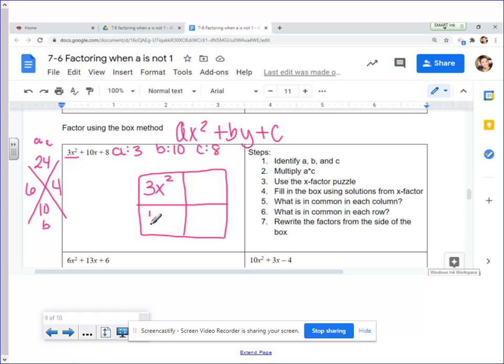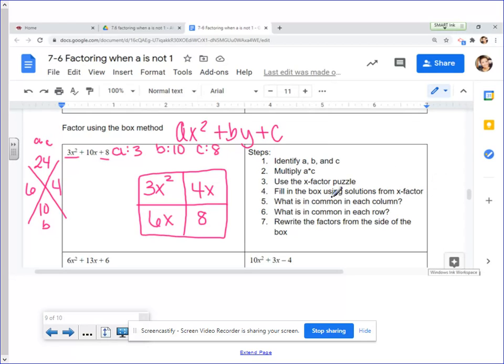The 6x can go here, and the 4x will go here. So we got the 6 and the 4 from the puzzle. I just put an x by them. This very last box is our C, which is 8.